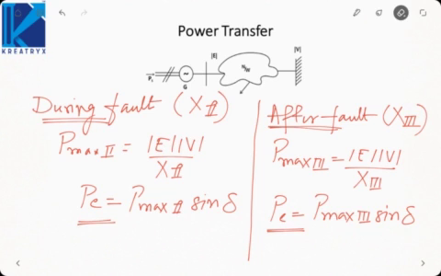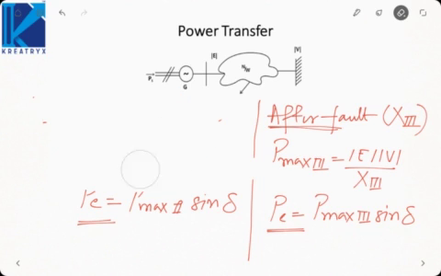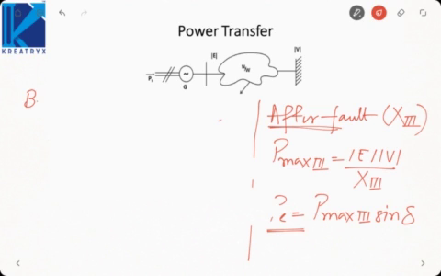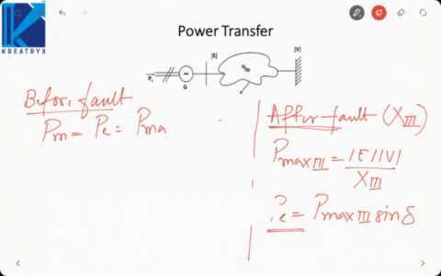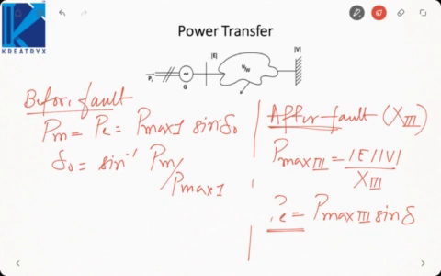Now here, since we have defined three maximum powers, before the fault, the system would be operating in steady state. In steady state, I told you that Pm is equal to P max 1 sine delta. So delta naught will be sine inverse Pm by P max 1. Similarly, after the fault has been cleared, the system must settle down to a new steady state.